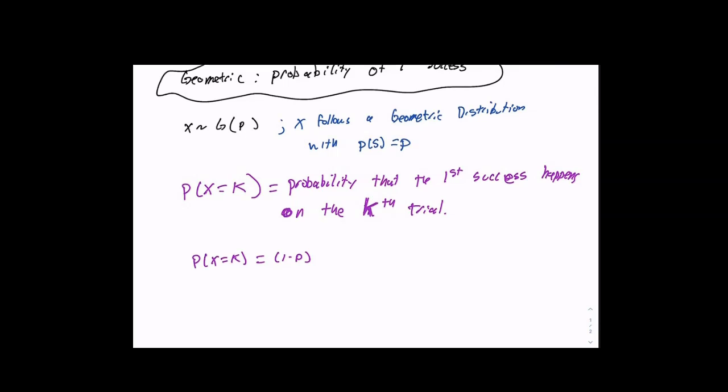And if this happens on the Kth one, then it's failures, K minus 1, times P. This is basically the formula for first success. You don't have to memorize it as being geometric, but the first success probability is always going to be failures, K minus 1, times the probability of success.